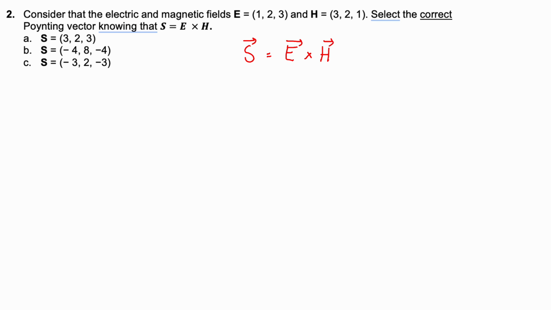Let me use the whole screen. So this is going to be the cross product between the electric field and the magnetic field. We are assuming that both fields are expressed in Cartesian coordinates. And then here we're going to have 1, 2, 3, and then 3, 2, 1.